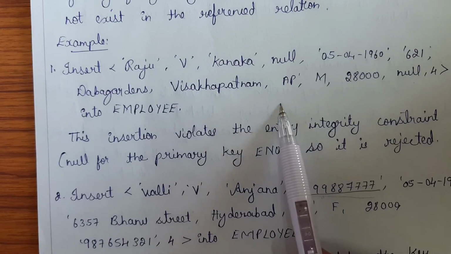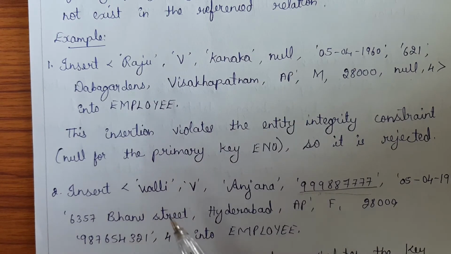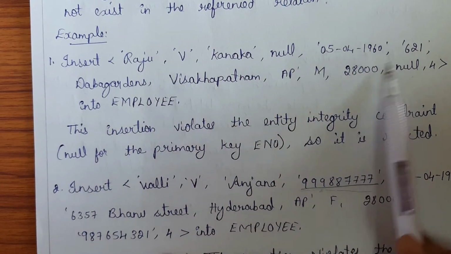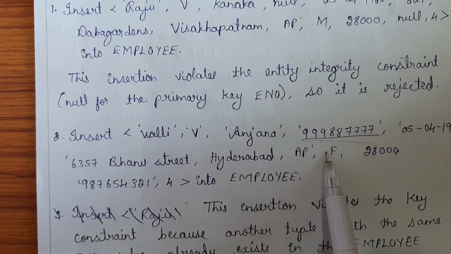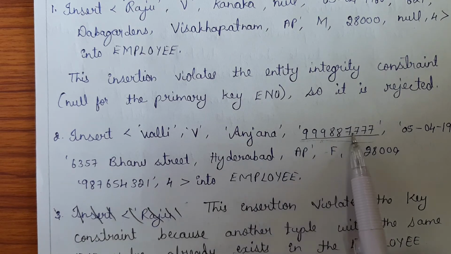Here it was null, and if the value is null, it is not taking the value. These values are not inserted, and you will get an error. In the same way, here this employee's details are already present. This employee number is repeated, so it is not taking it.